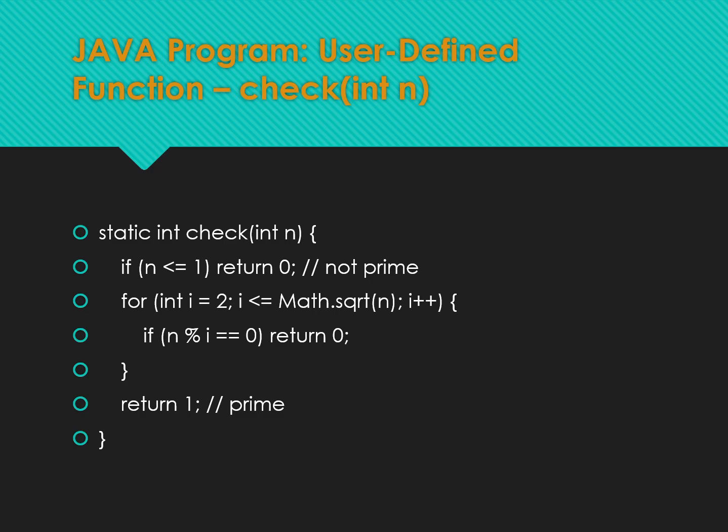Within the loop, if n % i equals 0, it means n is divisible by i, so it's not prime. We return 0. If the loop finishes without finding any divisors, we return 1, meaning the number is prime. This method is concise, fast, and follows good programming practices with separation of logic into a reusable function.